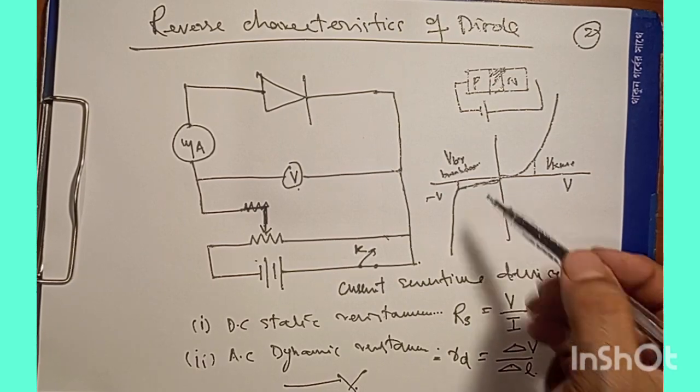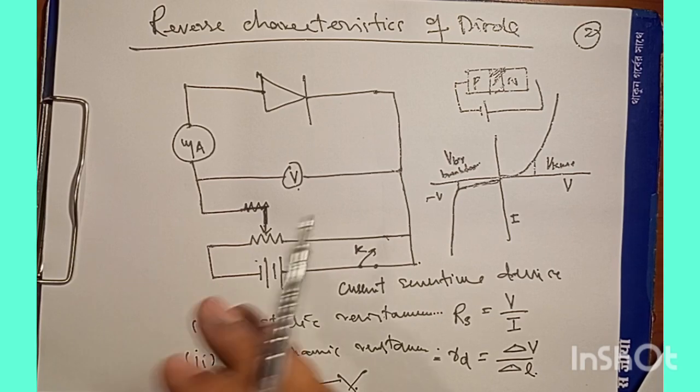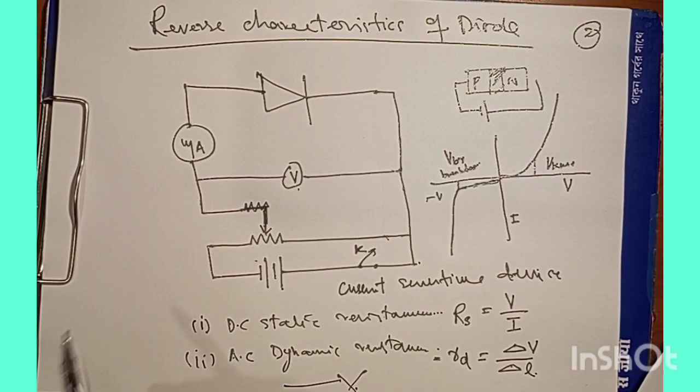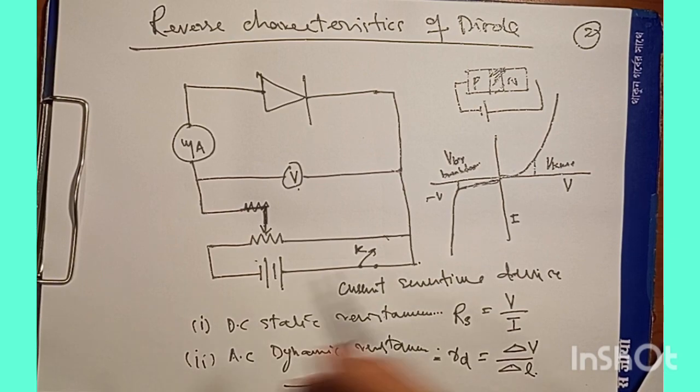But if we increase the reverse voltage, then at some voltage known as the breakdown voltage, the bonds between the atoms break, and they produce a large number of electron hole pairs, which move under the reverse potential difference, and there is an exponential rise in the current in the reverse mode.